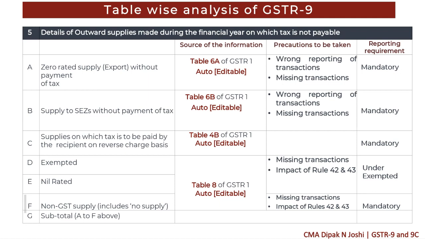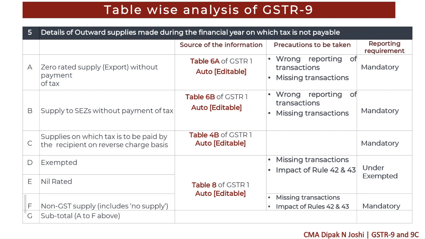Tables 5D, 5E and 5F are very important because normally whenever we are filing monthly GSTR 1 and GSTR 3B, we are not providing information of exempted, nil rated and non-GST supply.